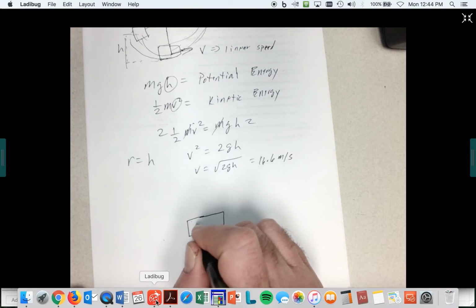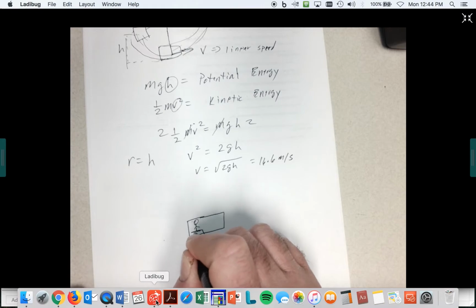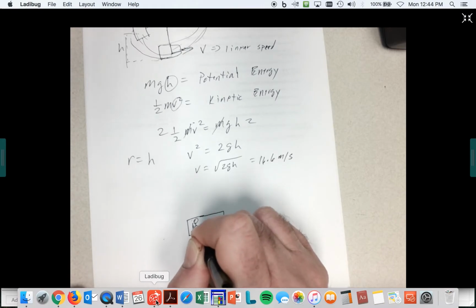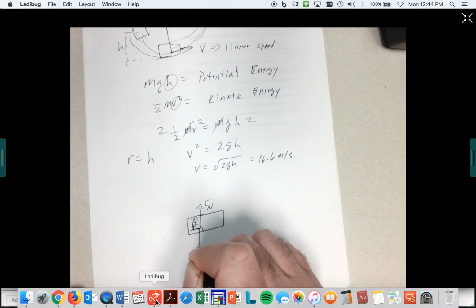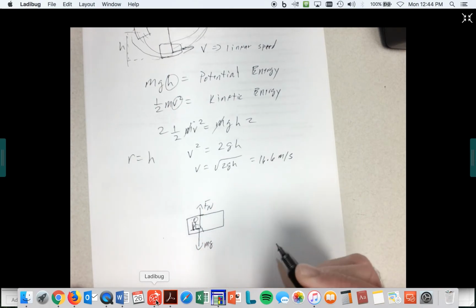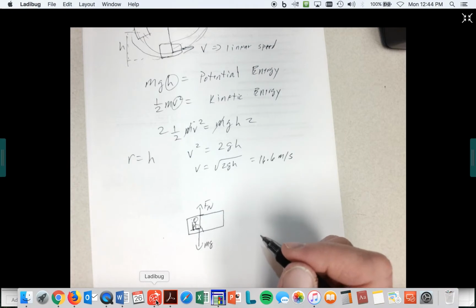So we've got this person sitting in this little gondola, on their seat. And so they've got a normal force. They've got mg. Okay, now what's the normal force that they feel?